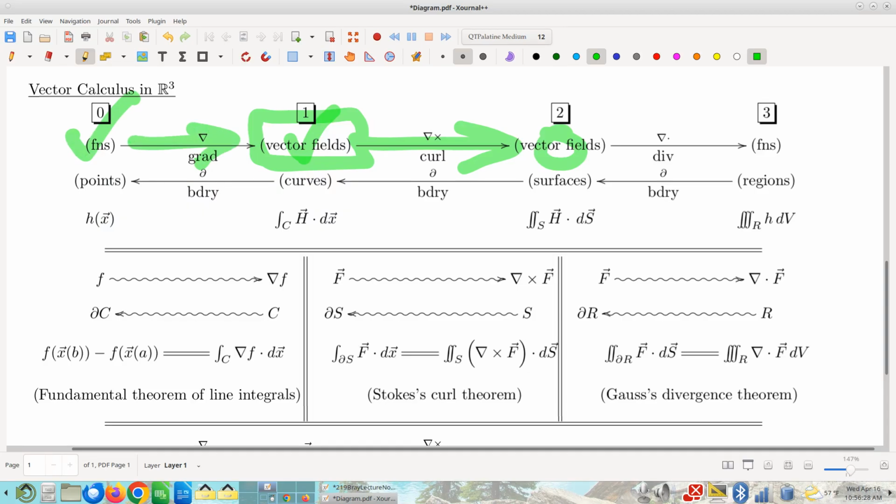This vector field is a gradient of something. It also tells me it's path independent, right? But it also tells me that it's a gradient. And so it's worth my time to consider finding an anti-gradient because I know it exists. And by the way, once I find an anti-gradient, that means I can use the fundamental theorem of line integrals.